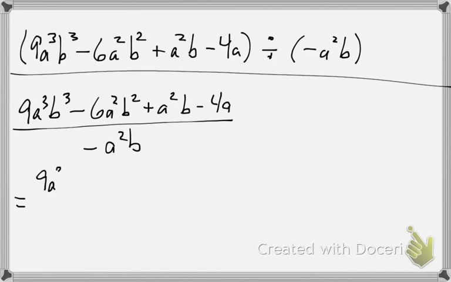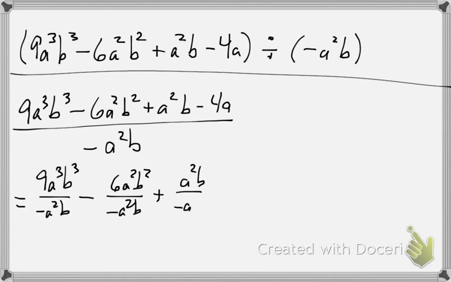So I have 9a cubed b cubed divided by negative a squared b, minus 6a squared b squared divided by negative a squared b, plus a squared b divided by negative a squared b, minus 4a divided by negative a squared b. Do you guys see how I broke that up? Is that okay? It's what a common denominator means. I can either break it apart to each of the denominators, or I can write it all together over one denominator, depending on the direction I'm going, right?